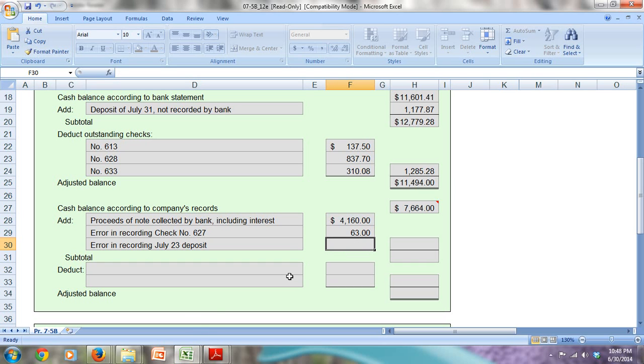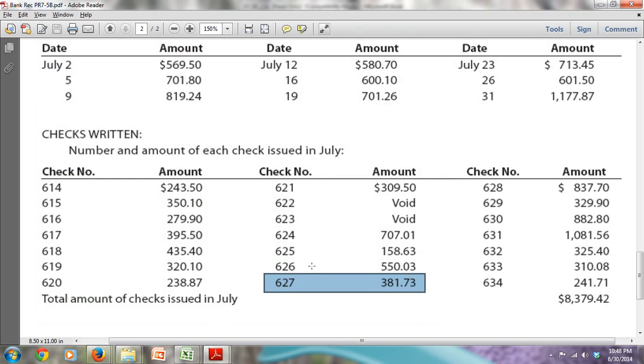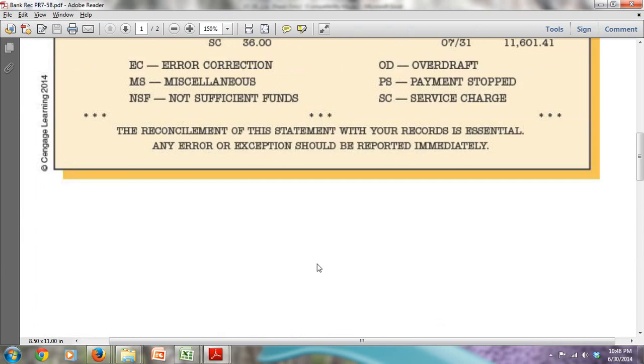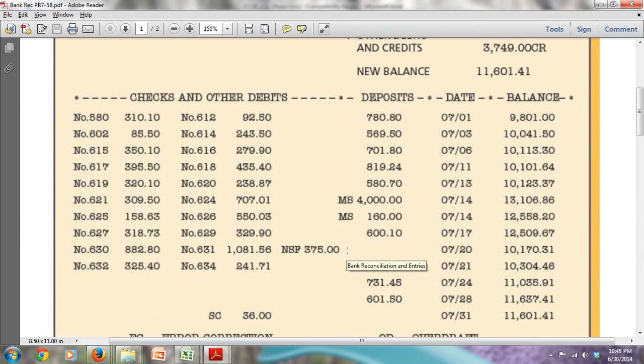So if we look at the bank statement, it says the deposit on July 23rd was for $731.45.